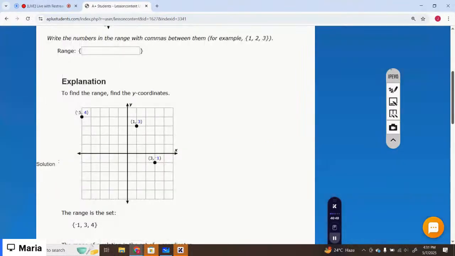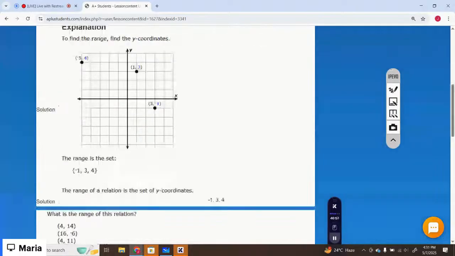You can just look at the y values for the points that are created. So the range of the set is -1, 3, and 4. Domain of the function means all the x values of the function, and range means all the y values of the function.